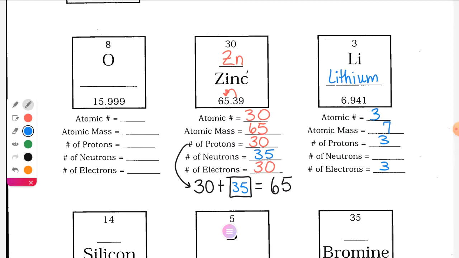How do I find my neutrons, Lainey? 3 plus, I don't know, equals 7. Okay, good job. And I'm going to also, from this atomic mass, draw an arrow to show where those numbers are coming from. So where did she get this 3, Lexi?